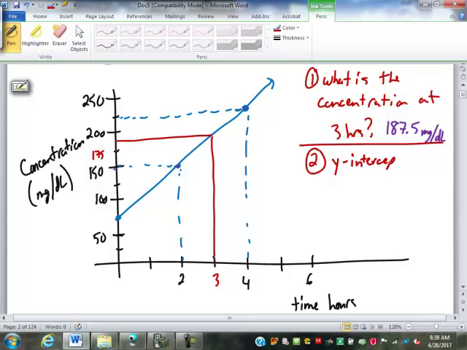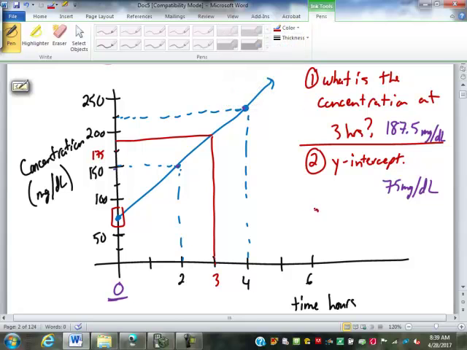Well, the y-intercept, as we mentioned last week, is the initial point, the starting point, where everything begins. So that y-intercept is right here, 75. That's 75 milligrams per deciliter. What that is saying is at time 0 hours, or t equals 0, the concentration is 75.